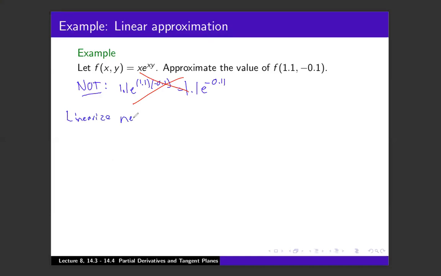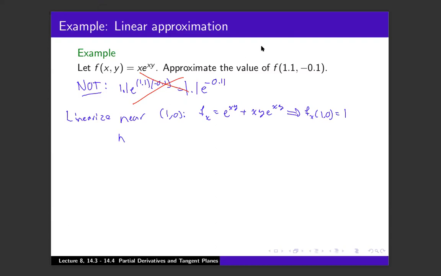And we're going to linearize near the point that's close to 1.1 and negative 0.1, and that point would be (1, 0). So we're going to need to know f_x. f_x we can see is going to be e to the xy plus xy e to the xy, which tells us in particular that if you take f_x(1, 0), the point near which we're approximating, you're just going to get 1.